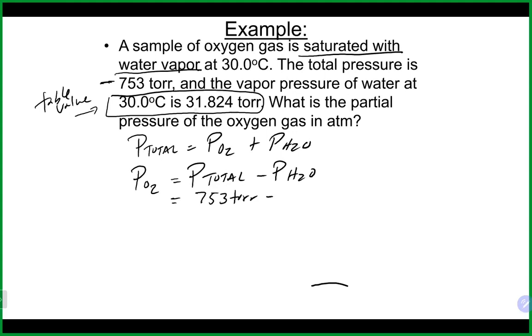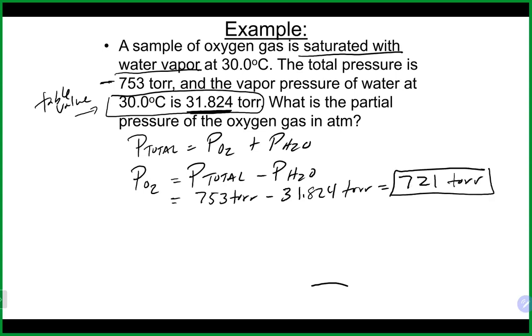We would normally look up this value in a table, and we would subtract 31.824. 753 minus 31.824 is going to give us about 721 torr. And that would represent the pressure of oxygen by itself, the partial pressure of the dry oxygen gas in this mixture.